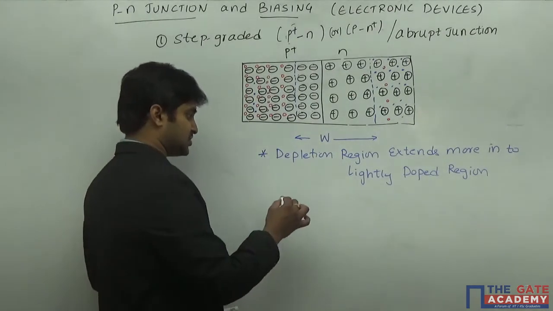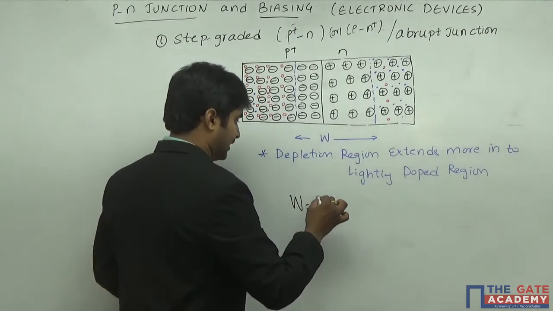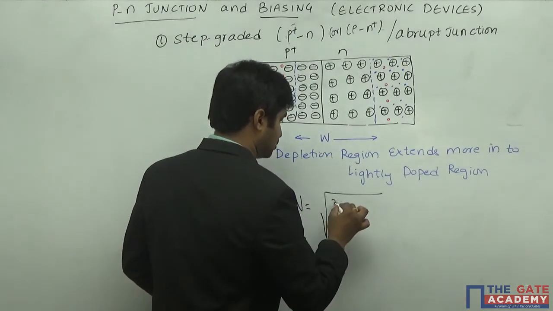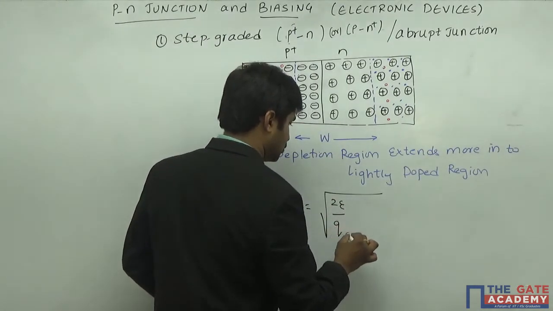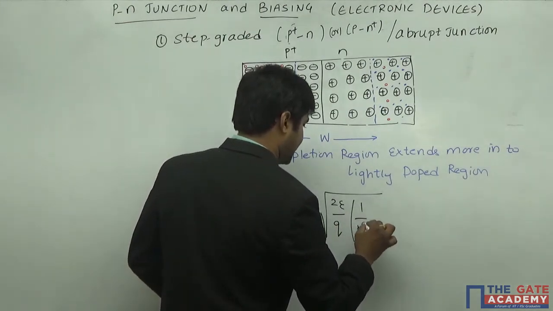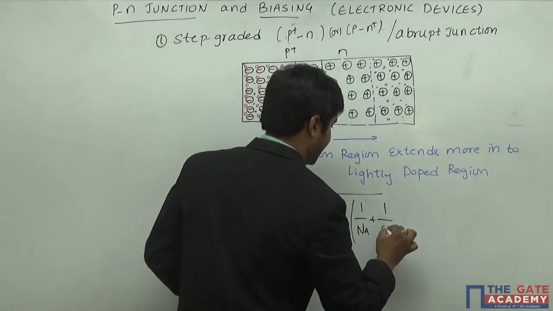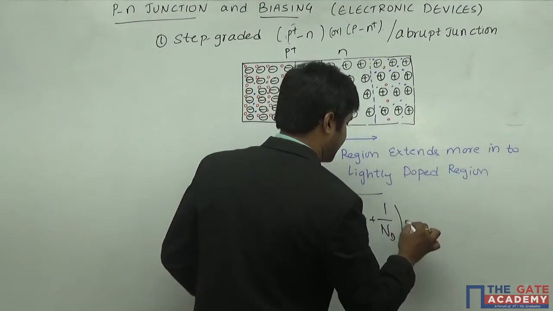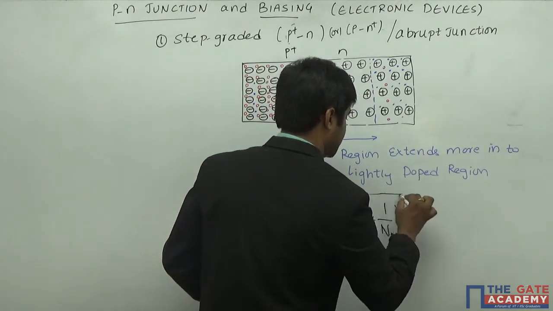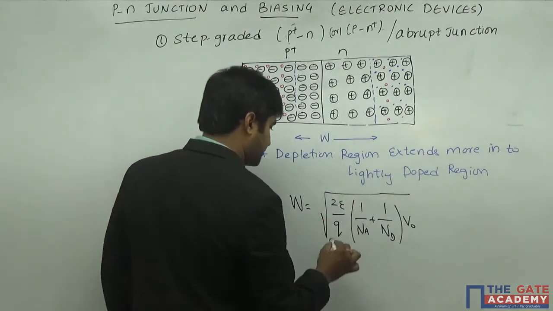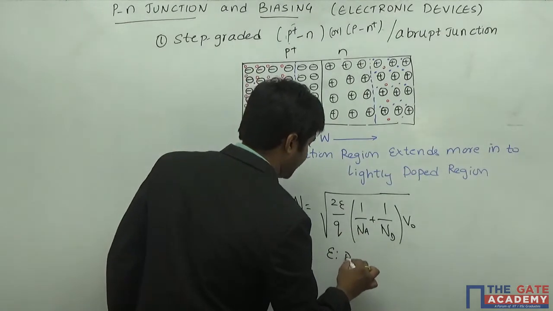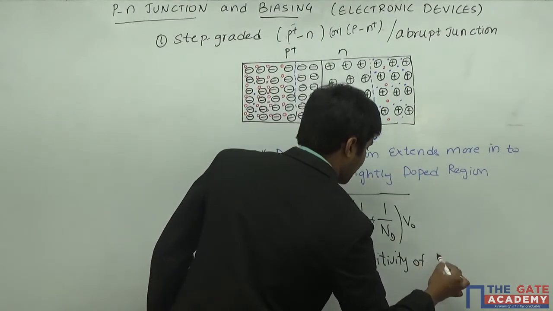So the width of the depletion region is given by a very important formula. W is equal to square root of 2 epsilon by Q, 1 by Na plus 1 by Nd, multiplied by V naught, where epsilon is the permittivity of the substrate.